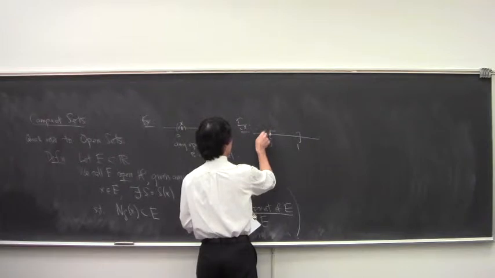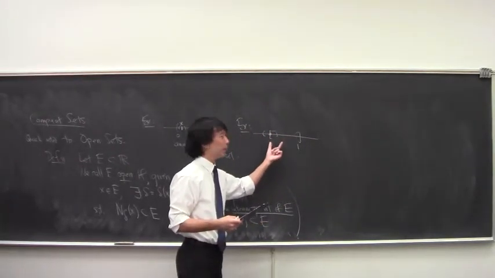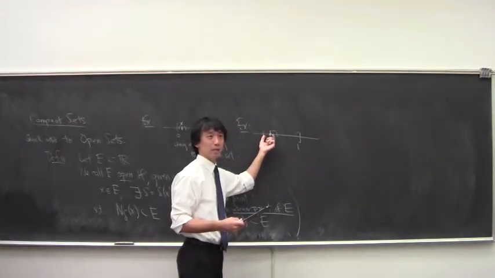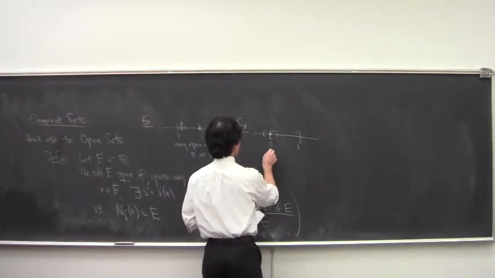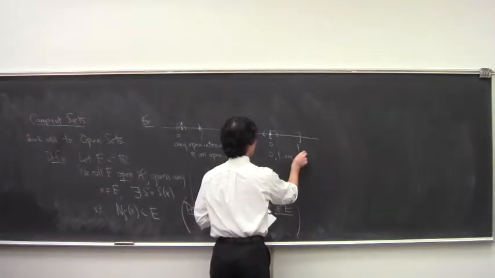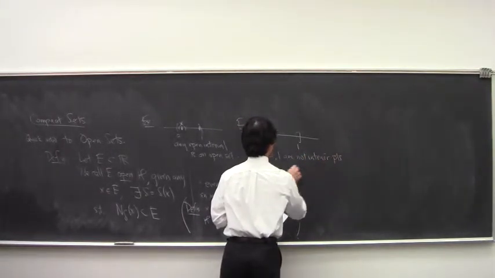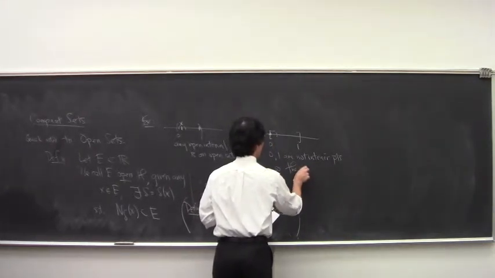I can't find any delta neighborhood that's contained inside the set. No matter what delta neighborhood I take, it extends outside of my set. So 0 and 1 are not interior, and this set is not open.